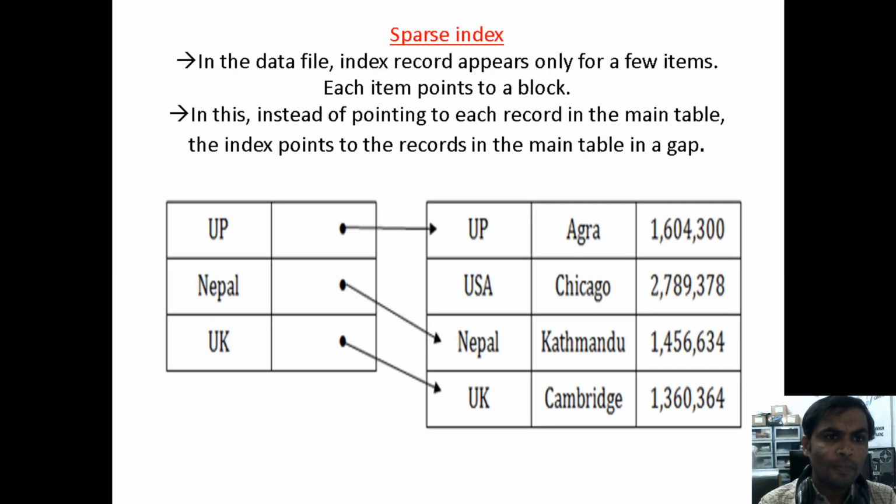Now going to the sparse index, just now I said similarity does not exist between the main table and the index structure. For example, the index structure has 3 columns while the main table has 4 columns.